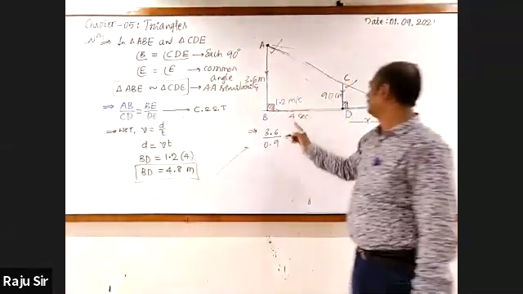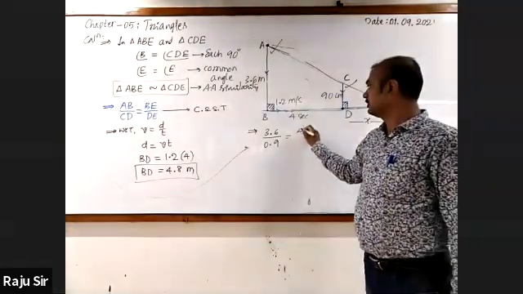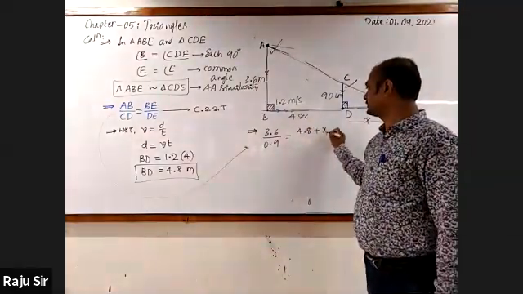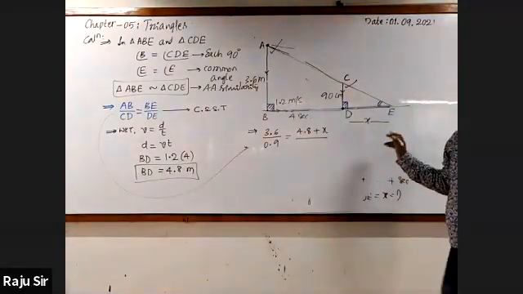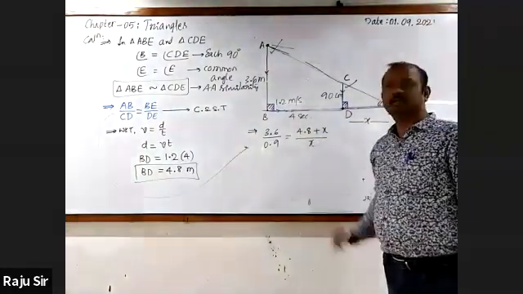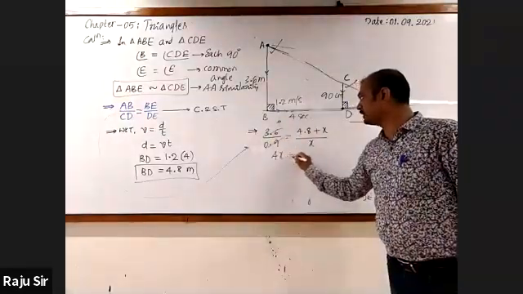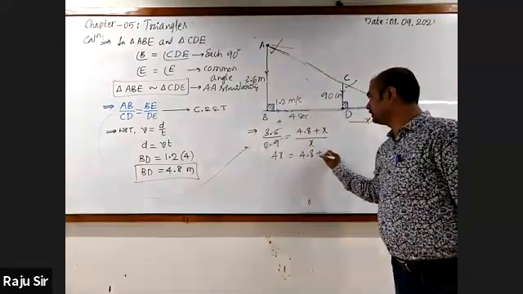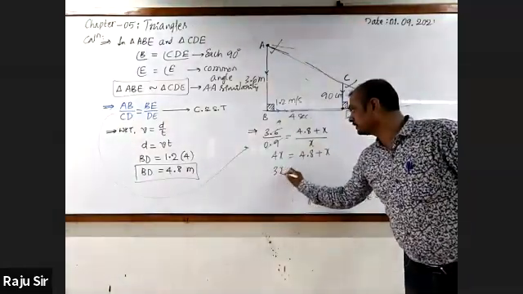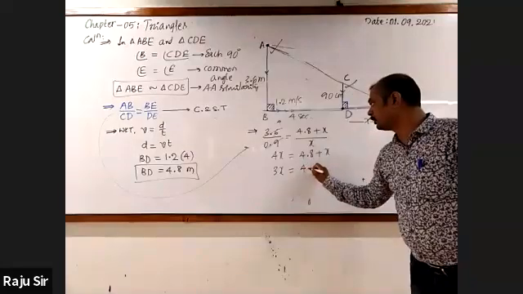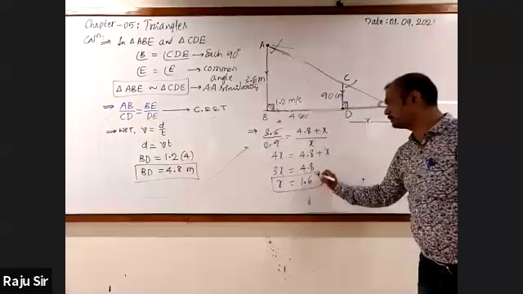BE is 4.8 plus X. Length of the shadow of the girl is X. So 4X equal to 4.8 plus X. Then 3X equal to 4.8. X equal to 1.6 meter.